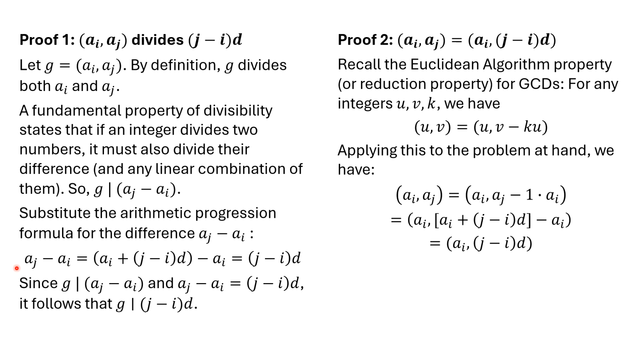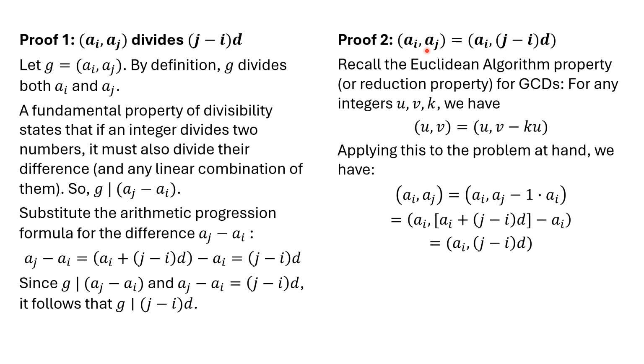So this is A sub j, and then you carry over the minus A sub i, and this A sub i and this A sub i cancel. And you get the difference equals j minus i times d, but we established here that G divides the difference, and since the difference equals j minus i times d, that means G, the GCD, divides j minus i times d. So that's what we wanted to prove here.